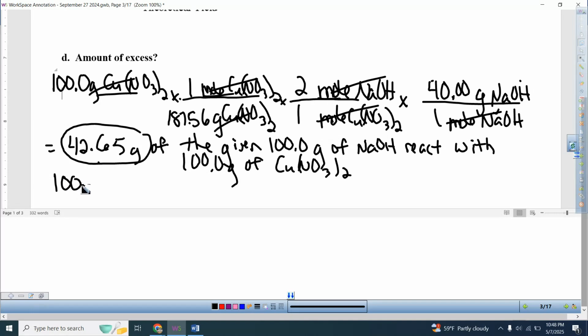So we had 100 grams total sodium hydroxide. And we're going to subtract the grams that reacted with the copper nitrate.